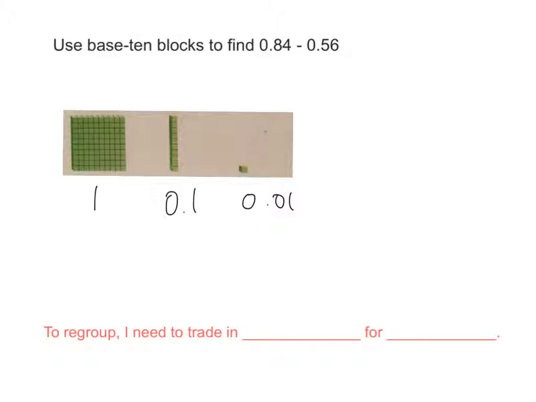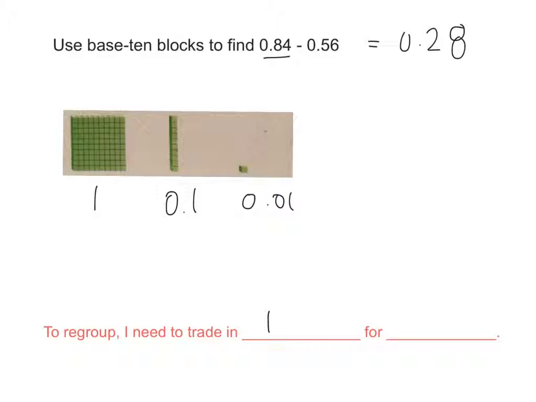84 hundredths minus 56 hundredths. When I tried to use the base 10 blocks, I had to cut up one rod, right? I literally cut up one rod. But instead of cutting it, I could trade in what for what in order to regroup for this problem. What do I need to regroup? Daniel? So 1/10, and the 10th is represented by what base 10 block?